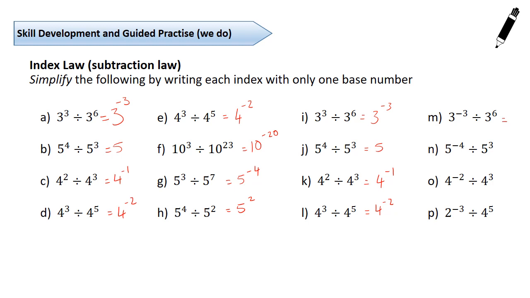Negative 3 take 6, so 3 take 6 is negative 9, negative 7, negative 5.